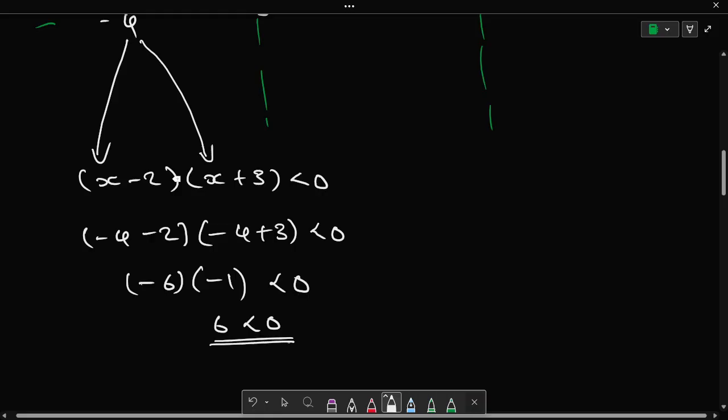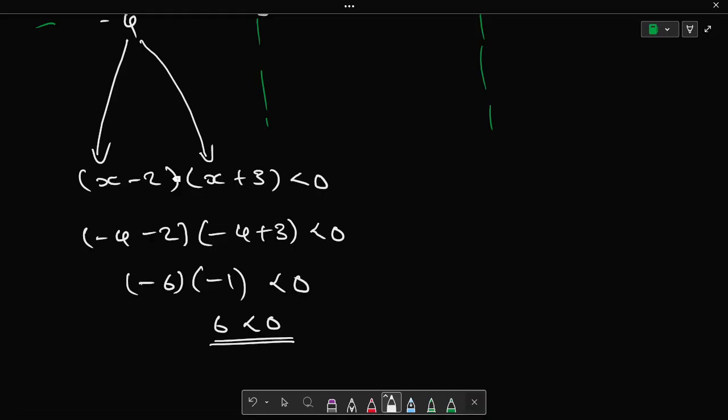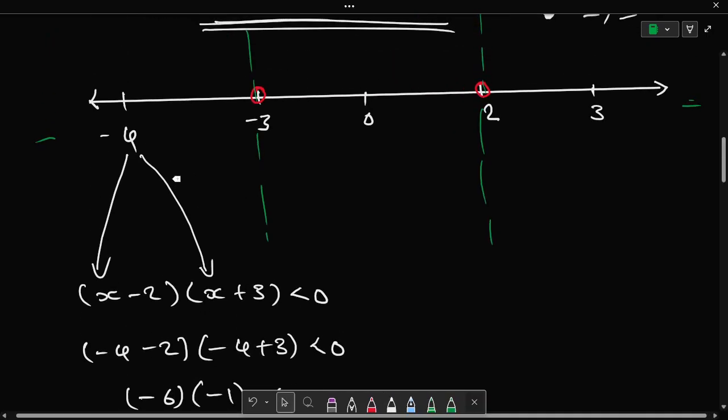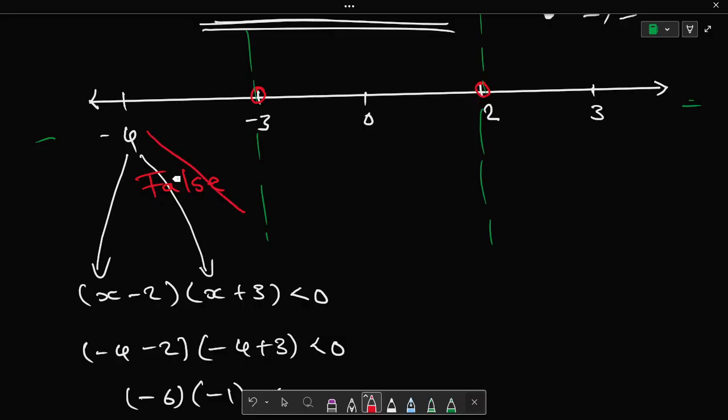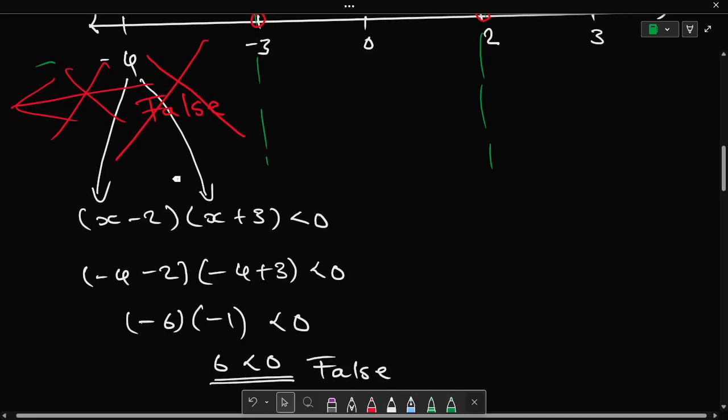Is this statement true or false? Is 6 less than 0? No, 6 is greater than 0. So this statement is false, meaning your solution cannot be in this region going this direction.